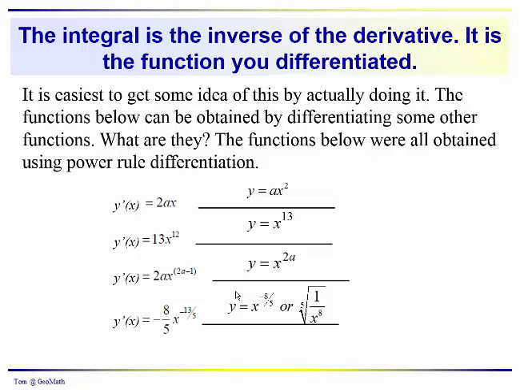And lastly, perhaps a little bit more difficult, we have minus 8 fifths times x to the minus 13 fifths. In order to get this coefficient, we would take our exponent down, and there we have it, minus 8 fifths. So this is our exponent, and we reduce the exponent by 1. If we differentiate this, we bring 8 fifths down, reduce the exponent by 1, and we get minus 13 fifths.